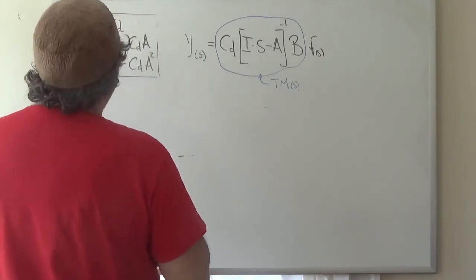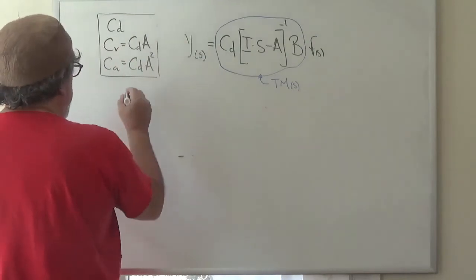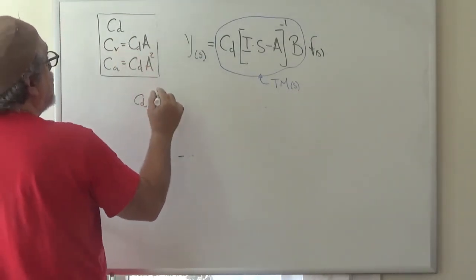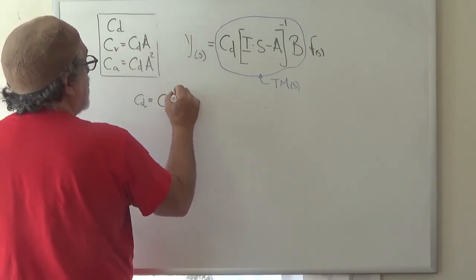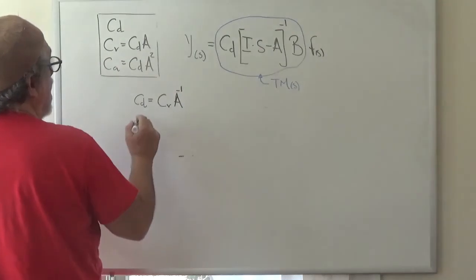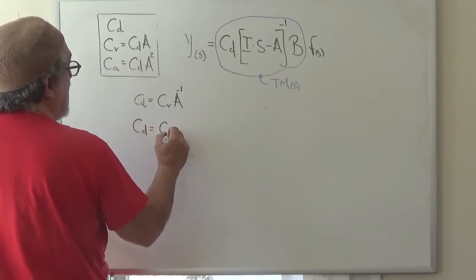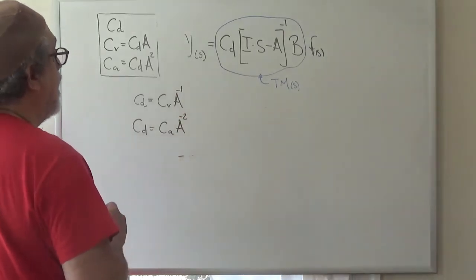So from here, you can see that we have that CD is equal to CV times A to the minus 1, right? And we see that CD is equal to CA times A to the minus 2, correct?